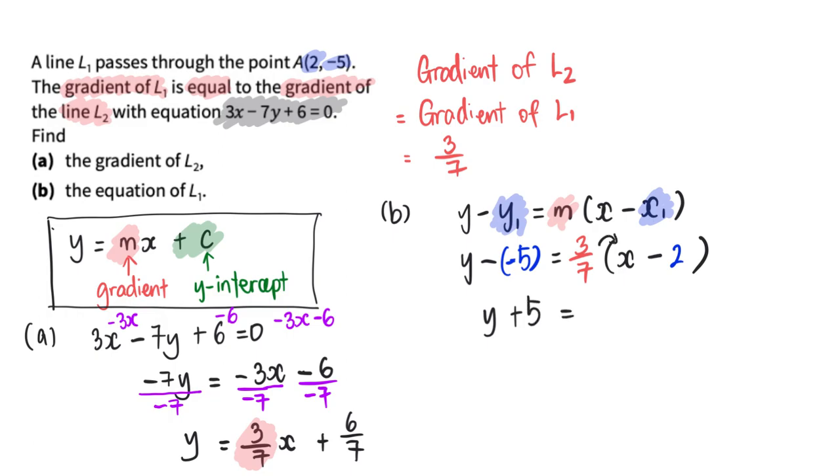And from here, I expand and simplify by multiplying it. Negative 6 over 7. And finally, y will be equal to 3 over 7x. I'm going to minus 5 on both sides, so that you will see this working.